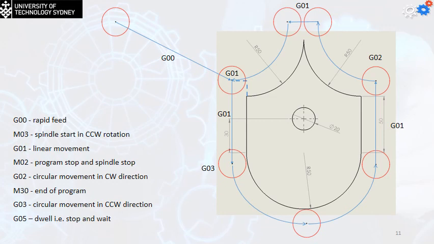Then we have to make the last arc, and in this case we're going to use G02 once again, and the R is going to remain the same, and our final destination is going to be the original point we started from, so G02, X value is equal to minus 5, and the Y value is equal to 105.